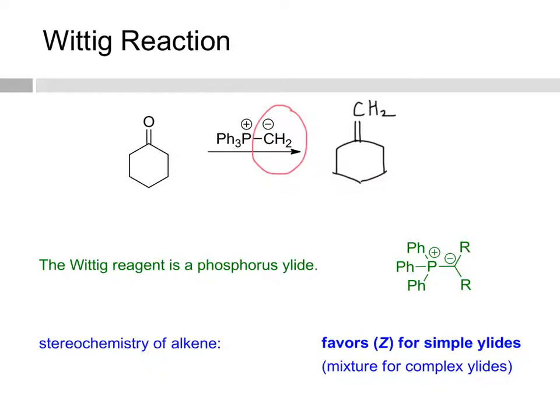A phosphorus ylide has a phosphorus in the ylide. The groups attached to the carbon that bears the negative charge do not necessarily have to be hydrogens. They can be any R group, and this introduces the possibility of Z and E isomers of the alkene. For simple ylides, you will favor the Z alkene. For structurally complex ylides, you will get a mixture of E and Z.